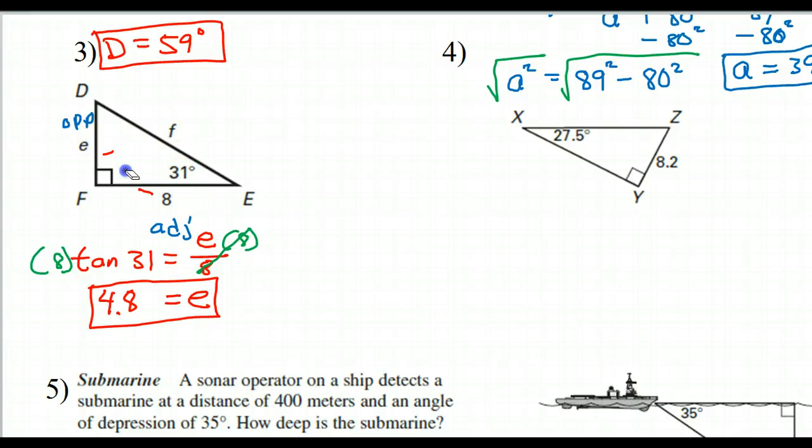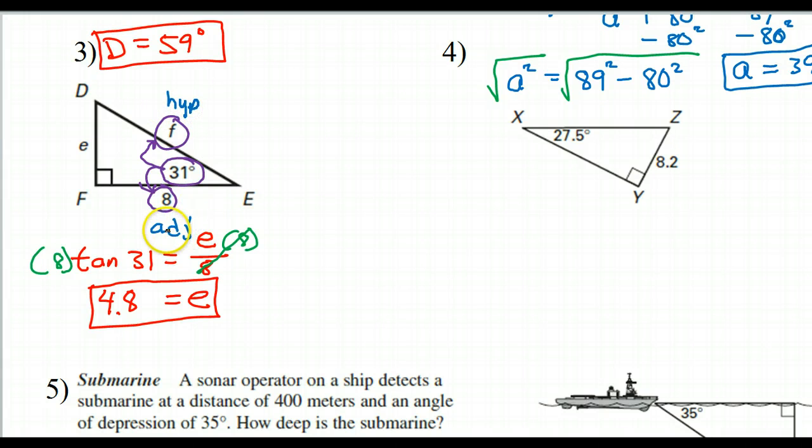All right, so let me start this over a little bit. I've still got this 31-degree angle. I've still got the 8 as before, but this time I'm going to try to find side F. You know that 8 is the adjacent leg still. We won't be needing that. But F is the hypotenuse.